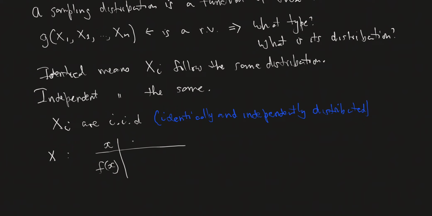Let's say it can take on values of 0 and 1, with probabilities 0.3 and 0.7.